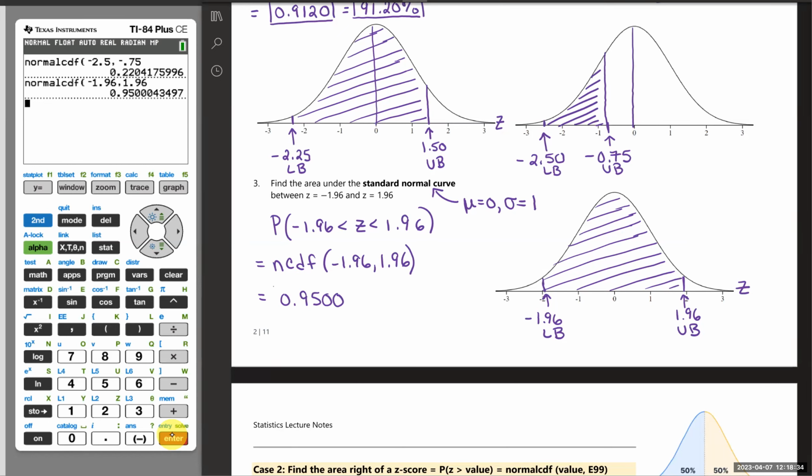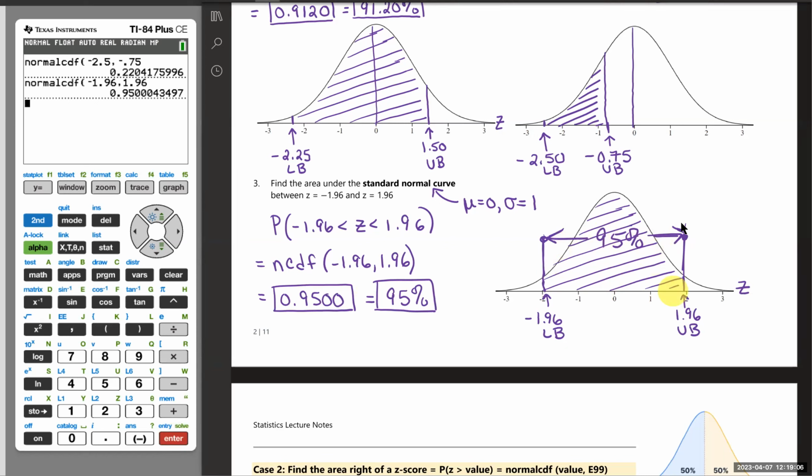Now, I'm going to write that as a percent as well. I'm actually going to leave off the 0.00 and just say 95%, just to remind you that in a previous chapter, we actually dealt with bell curves and looked at the middle 95% of the data. This was the empirical rule we learned back in a prior chapter.